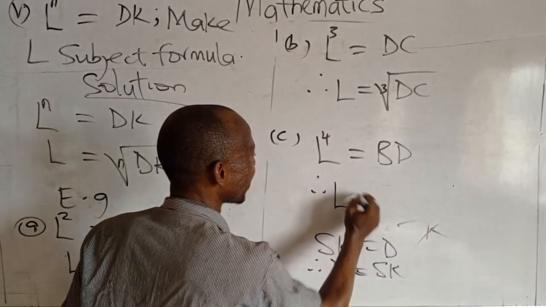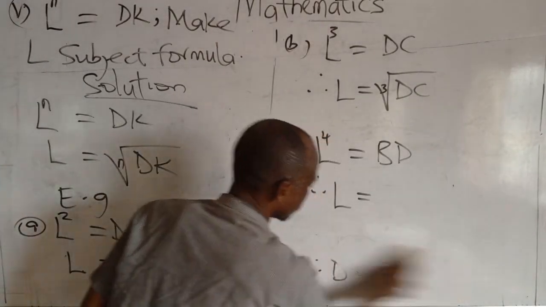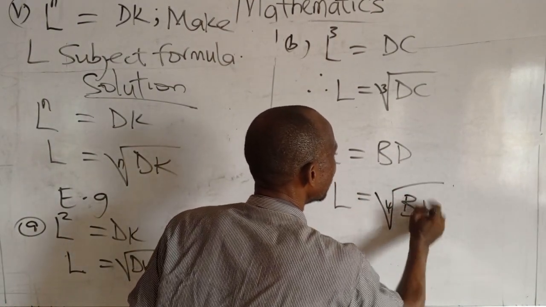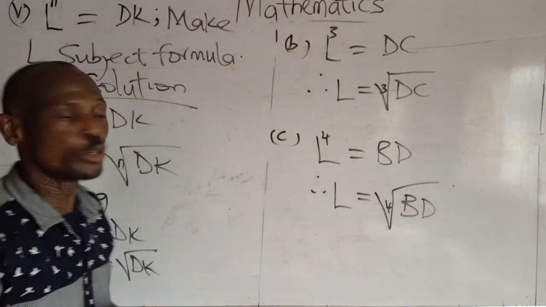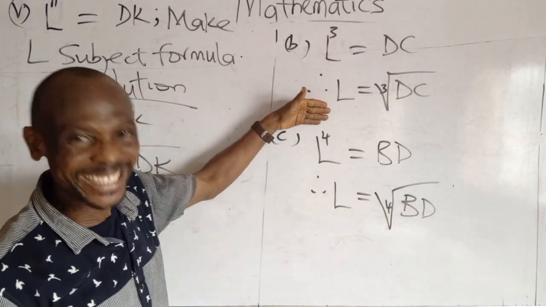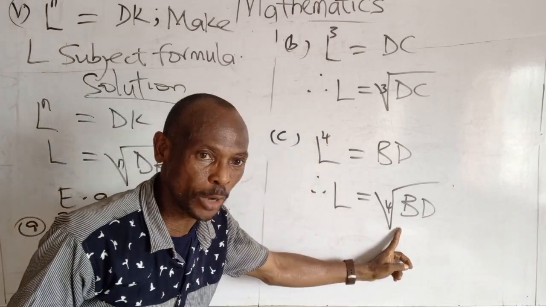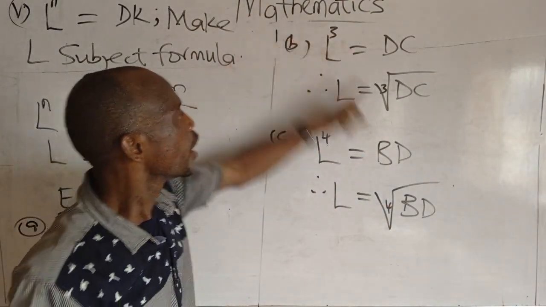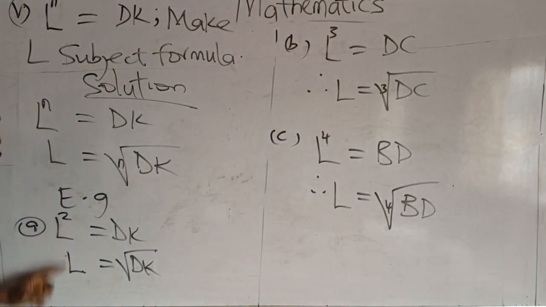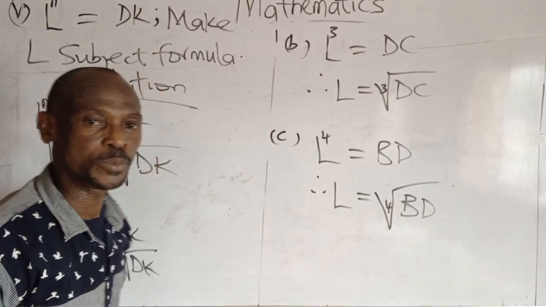To find L, it becomes the fourth root of BD. That is how you change the subject of the formula when you have a value in index form. Because it is in the power of 4, you find the fourth root. If it's in the power of 3, you find the third root, or what we call the cube root. If it's in the power of 2, you find the square root. If it's in the power of 5, you find the fifth root.